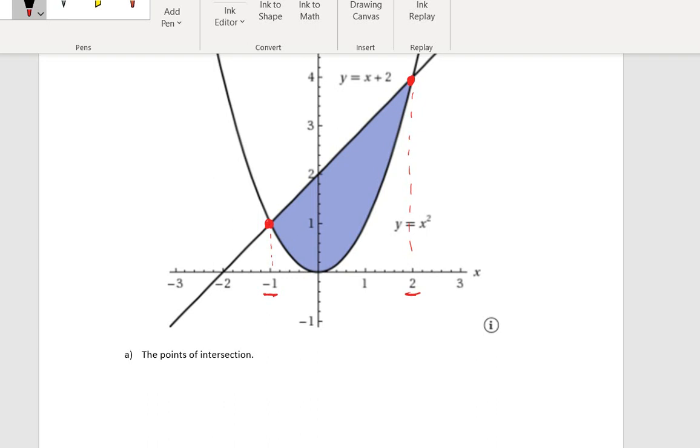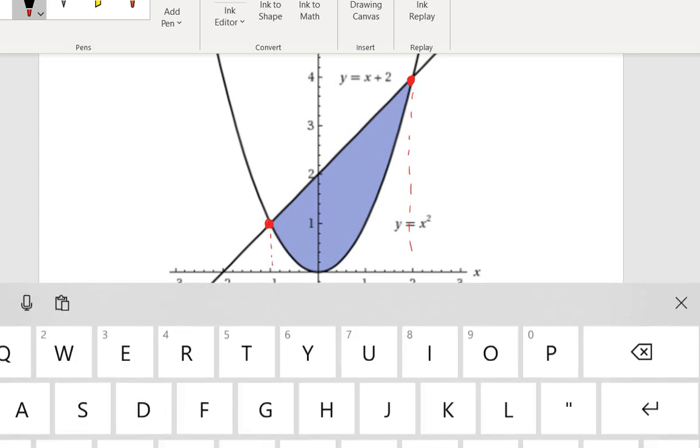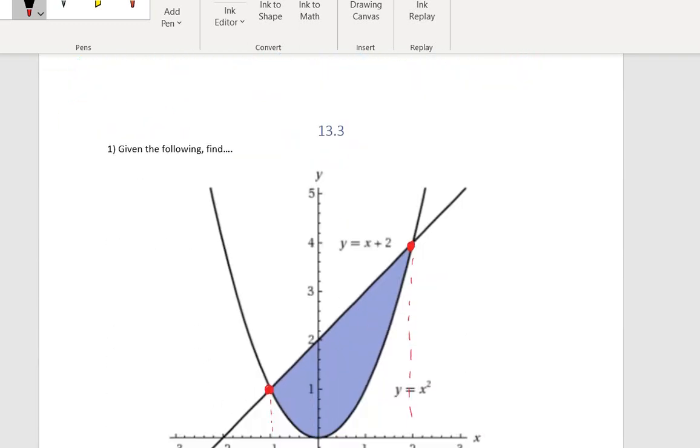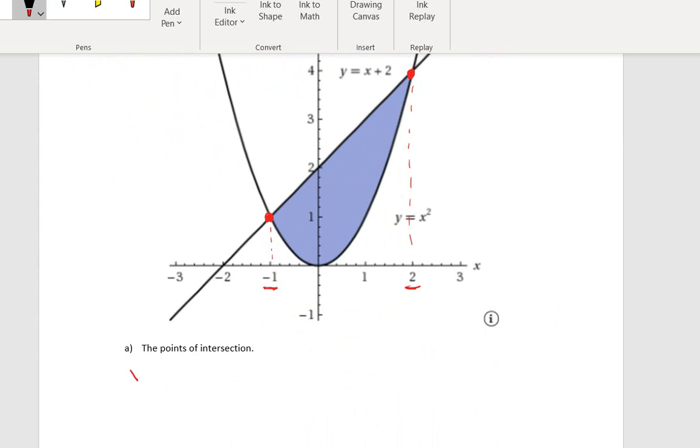So let's look at doing this using arithmetic and algebra. First off, where these two are going to intersect is where they're equal. So we're going to have x squared equals x plus 2. Now what we want to do is solve for x. We're going to move everything over to one side.